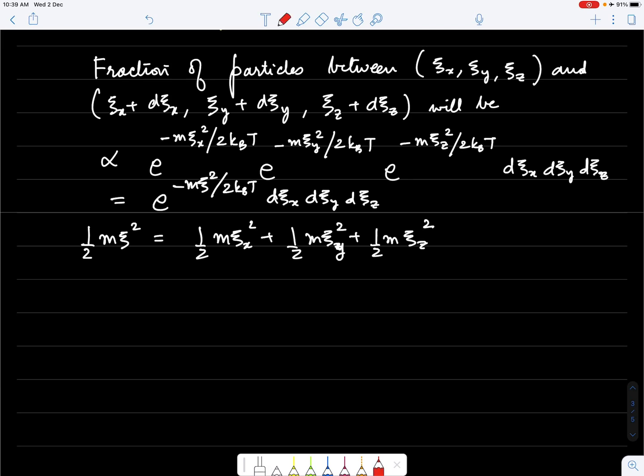Now here comes an interesting part, that this number dξx dξy dξz is essentially the volume or the infinitesimal volume in the ξ space, the velocity space, or rather the speed space.